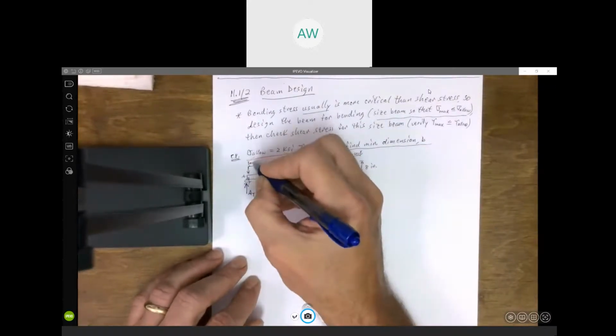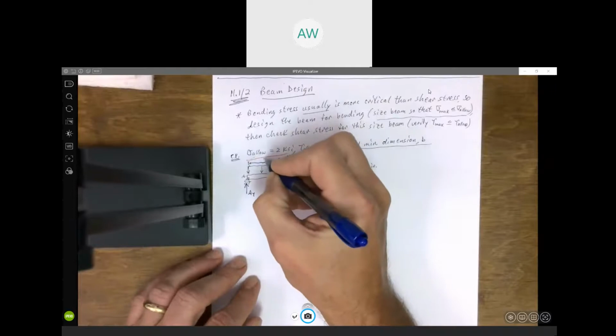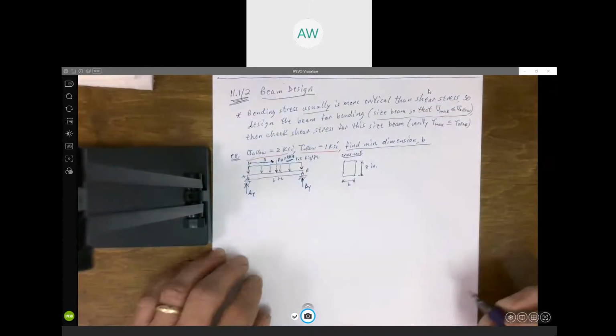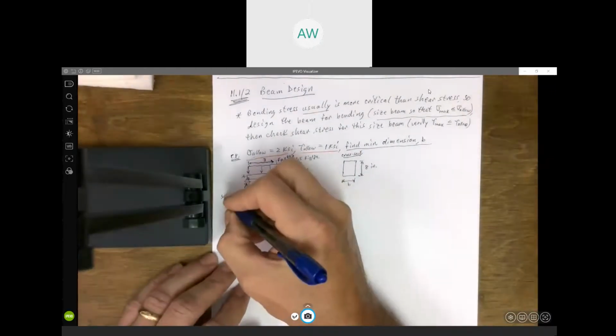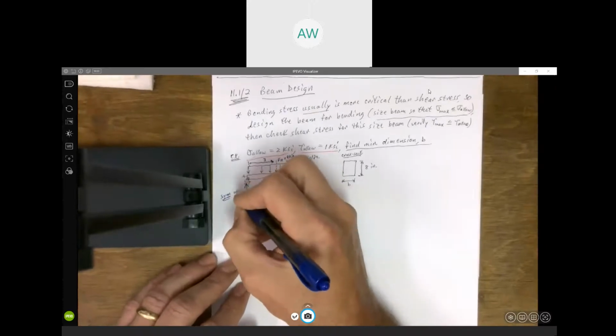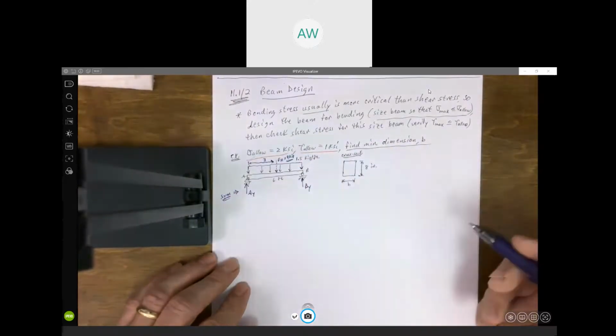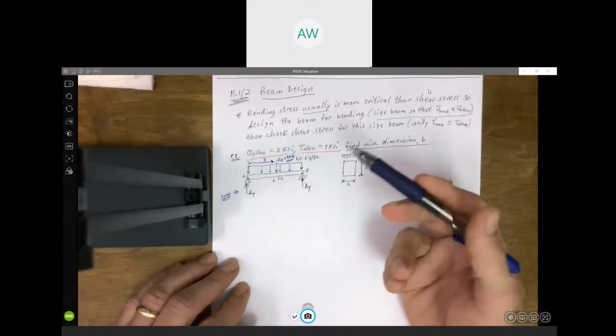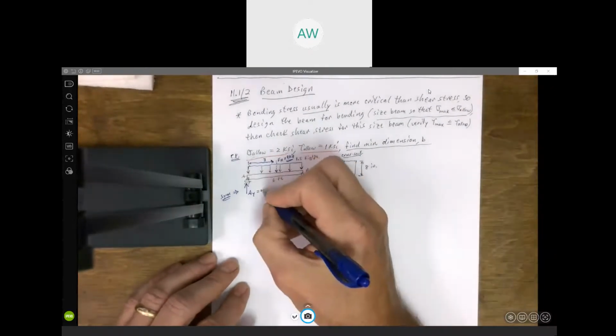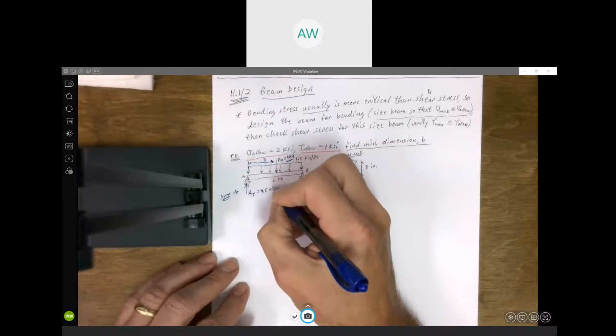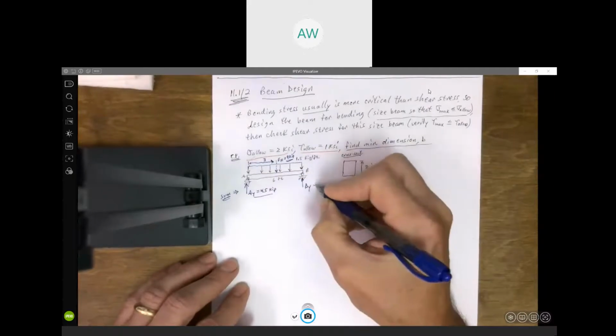So this is going to be right in the center of that beam. And so just from symmetry, I know AY and BY are going to be equal, and they're going to be half of 9. So each one of these is going to be 4.5 kips.